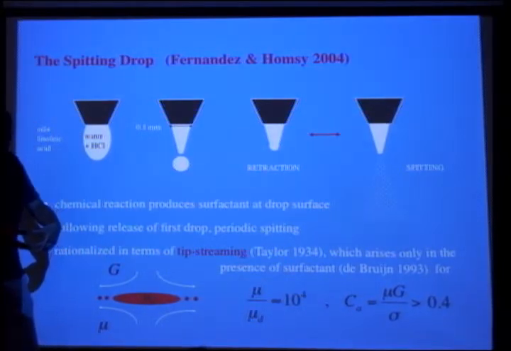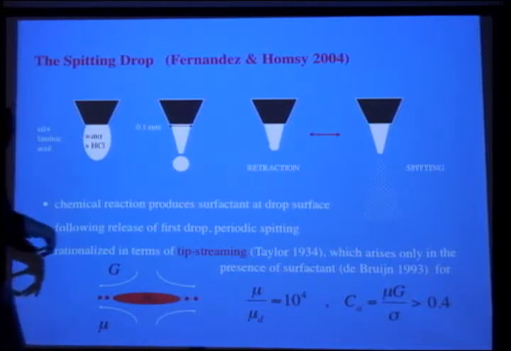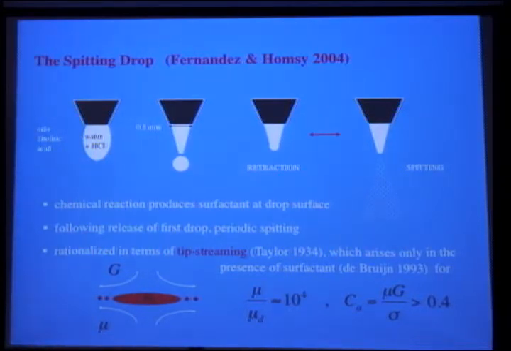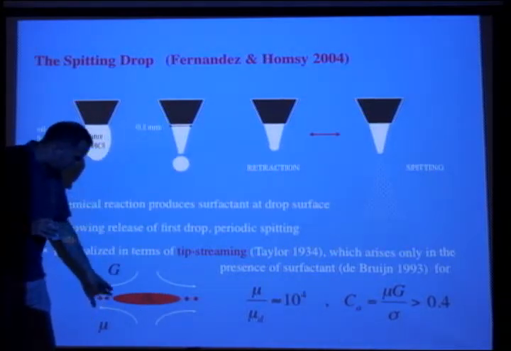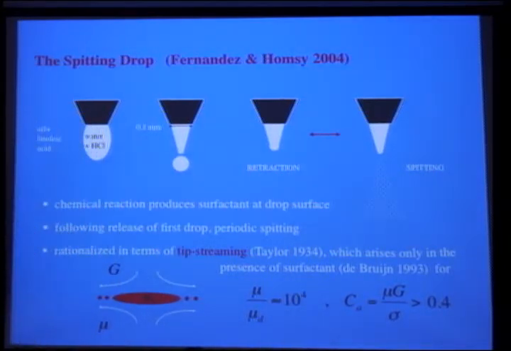Because the surface tension is resisting its deformation due to viscous stresses. And they find that at very high shear rates, the drop goes unstable and starts ejecting little droplets. If there's surfactants around, it's called tip streaming. So they try to rationalize this in terms of tip streaming, but I still don't really understand it.